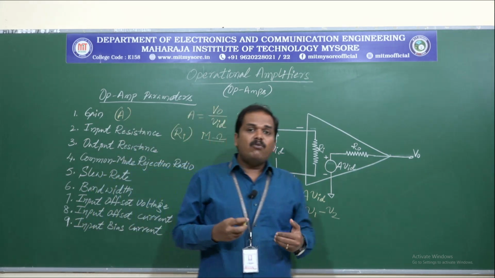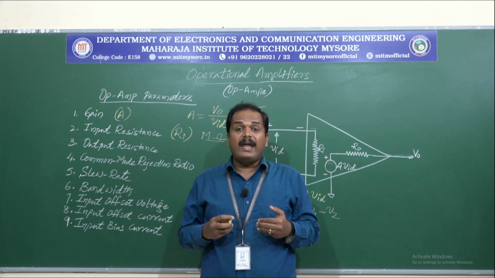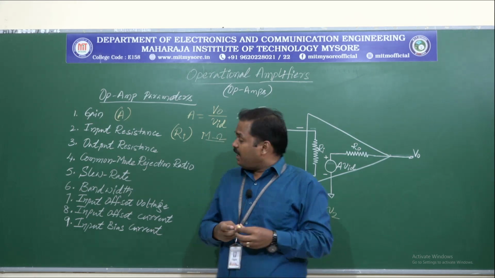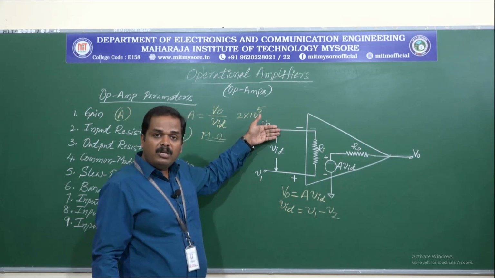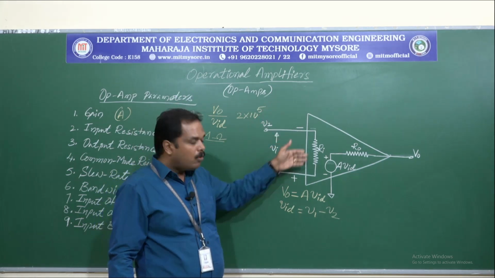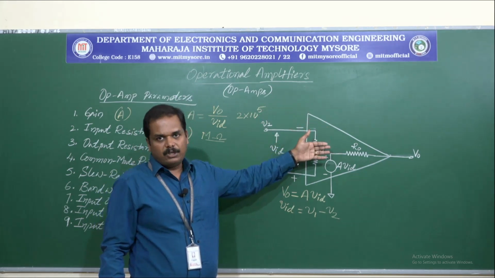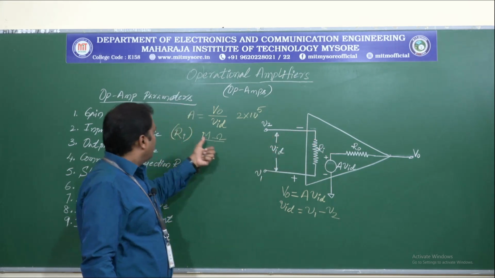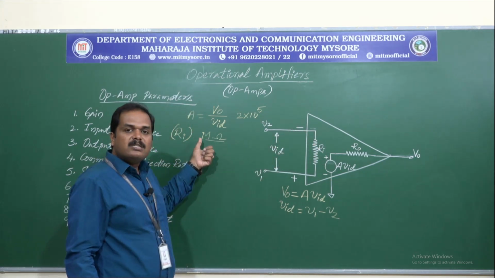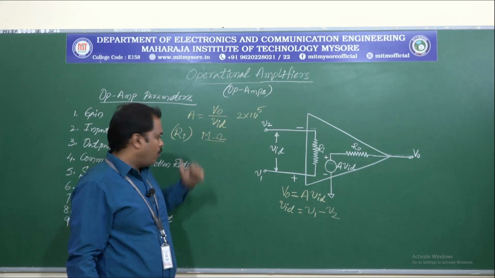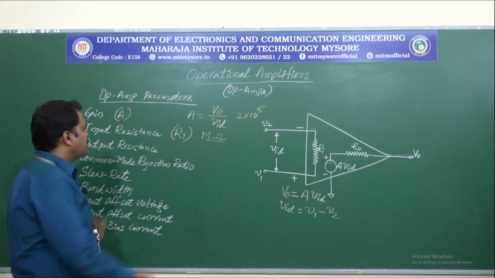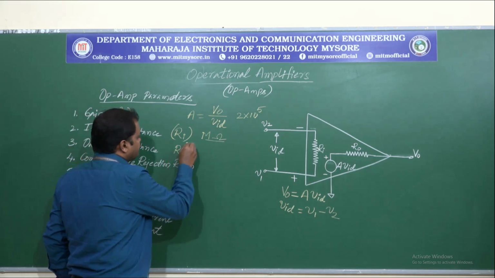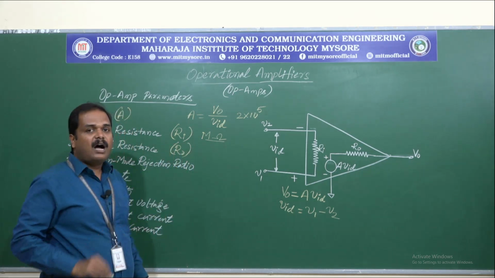The reason why it should be in mega ohms is to ensure that the input current that comes in through the terminals to the op-amp will not be allowed inside the circuit. And the next parameter is the output resistance, which is represented as R naught.